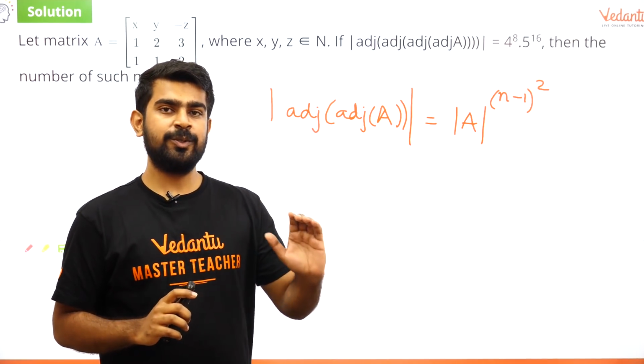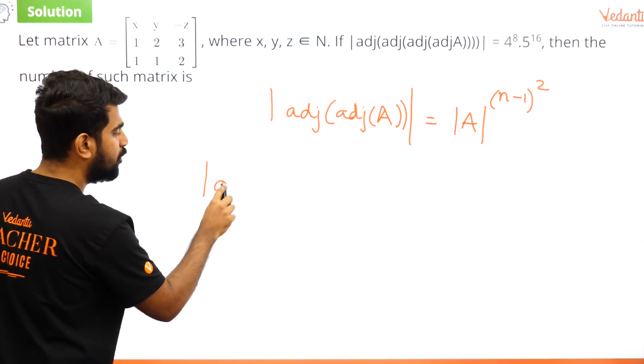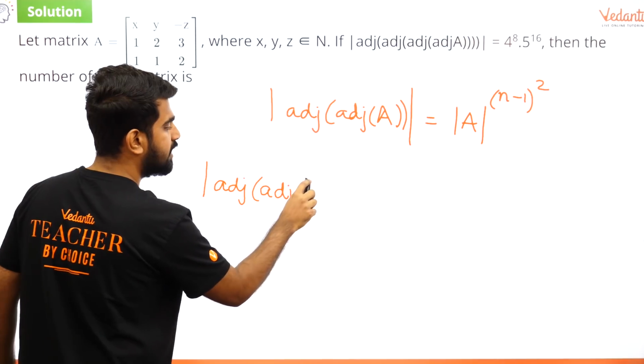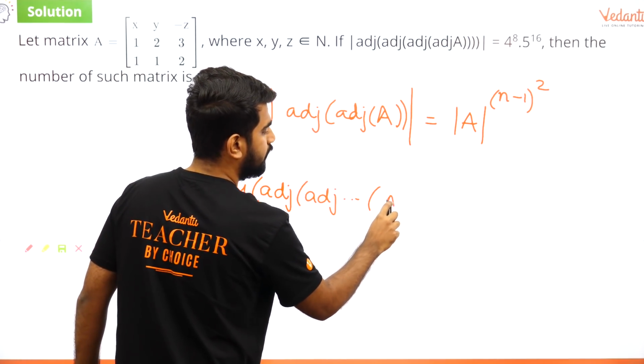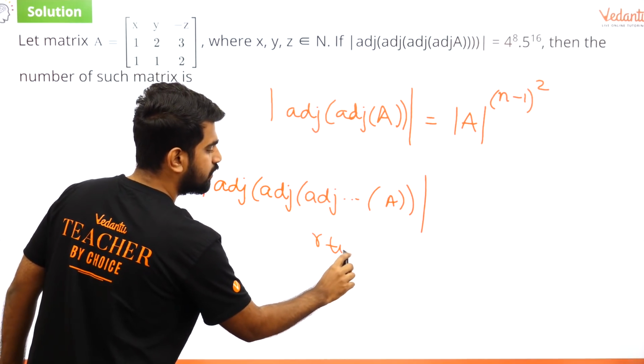Now we are going to go one step higher and look at a different property. So suppose you have something like this, determinant of adjoint adjoint and so on till A. Okay? Let's say you have R times adjoint.